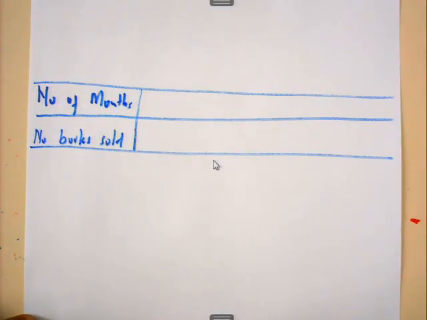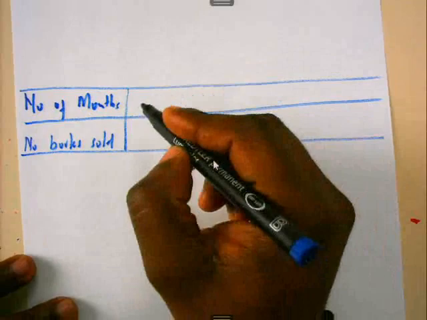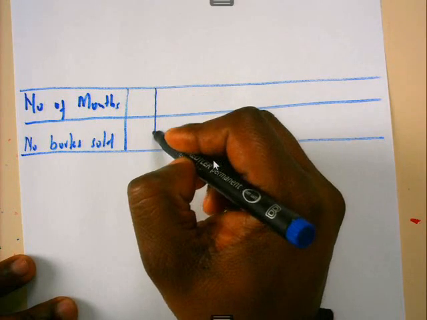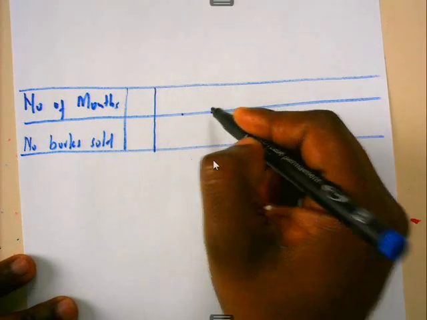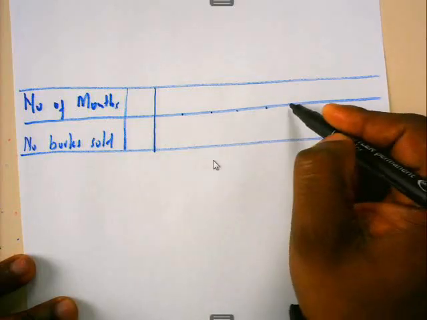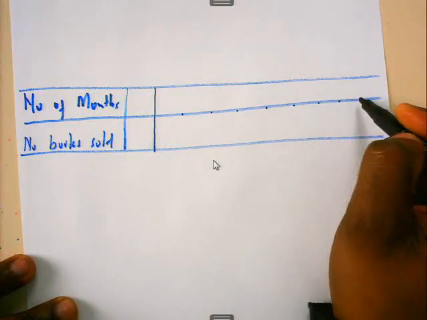Now the example, if I may read to you, says: consider the following scatter plot of information obtained by a publishing company that recorded the number of books sold over a period of 12 months. So it means we have 12 months here. I hope they all fit here. 1, 2, 3, 4, 5, 6, 7, 8, 9.